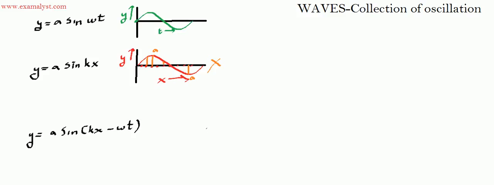So let us see. This would represent the same thing. Let me bring this diagram again, because both are the same thing. But the interesting thing about the third equation is that it makes this particular thing move with time. As the time goes, the entire wave moves forward.